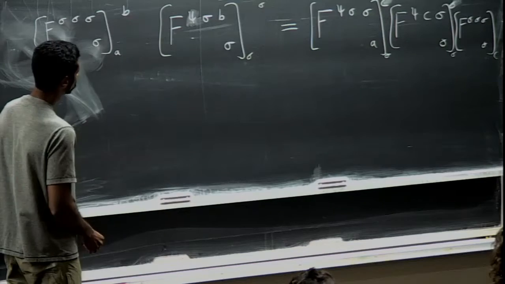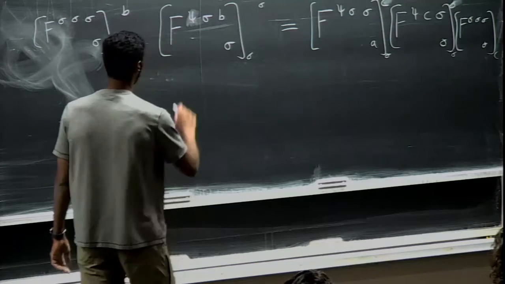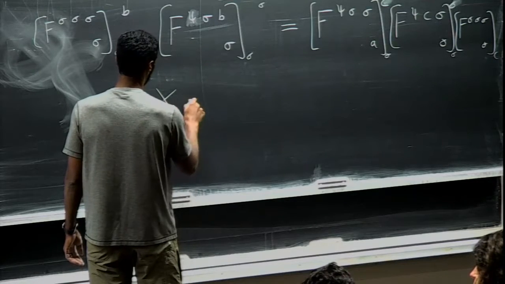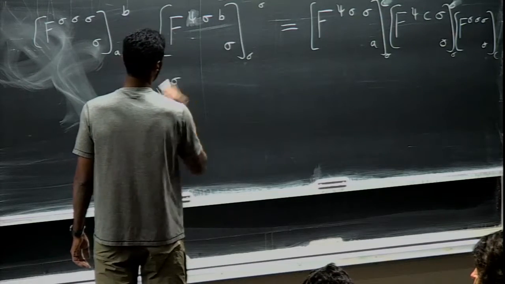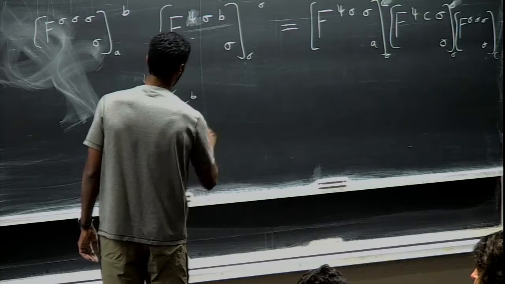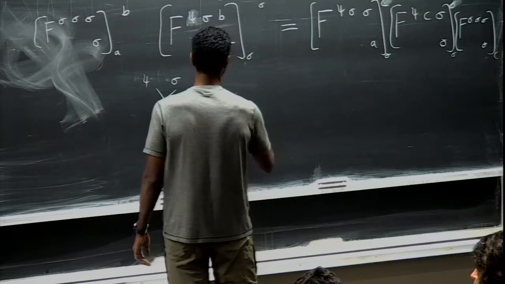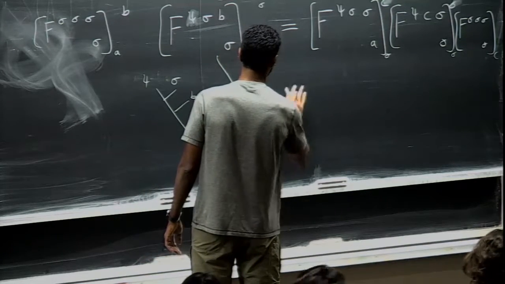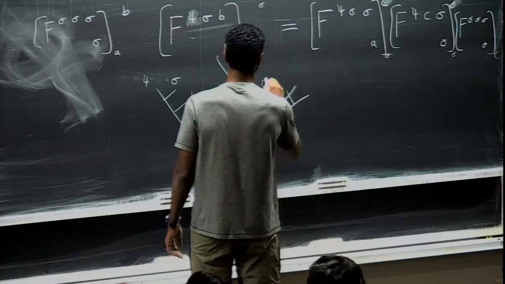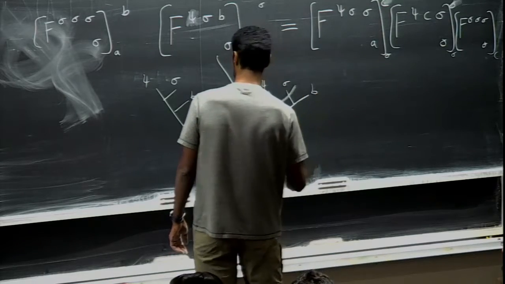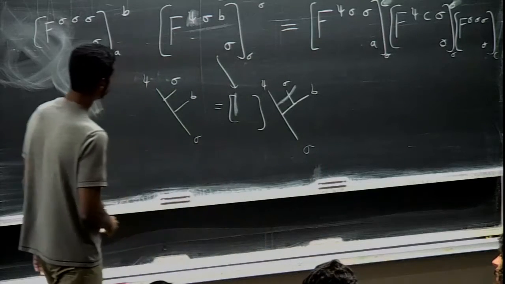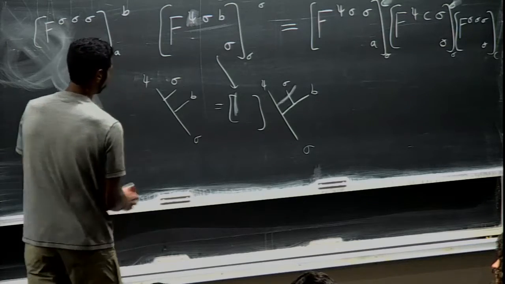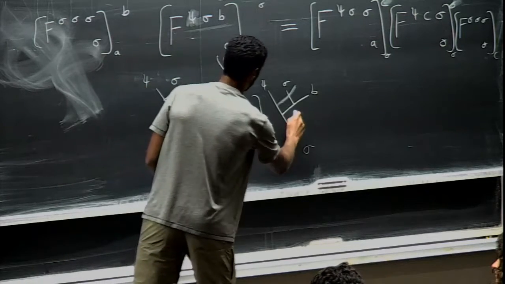Now, let's take a look at this one. If I boil this one down, it's the psi sigma B sigma is equal to this thing times... which I can redraw slightly, since this intermediate line here is a sigma and this is a sigma.